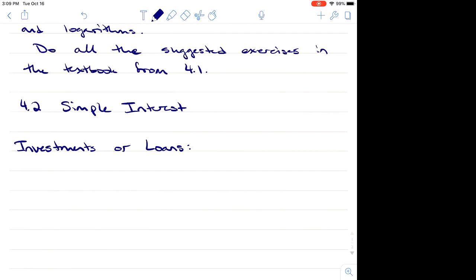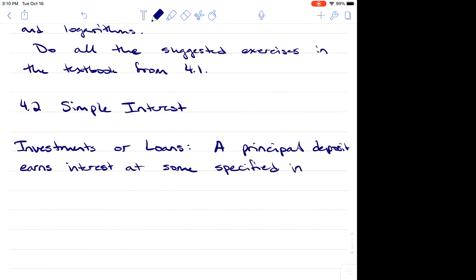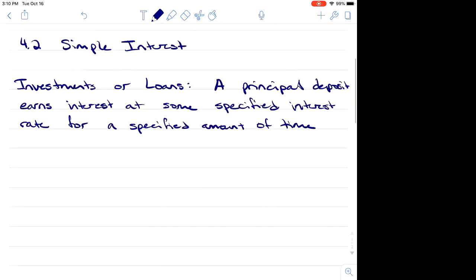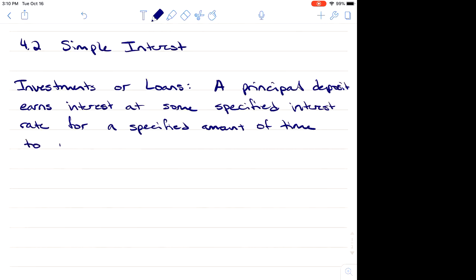Investments or loans. We have a principal deposit, okay, that earns interest at some specified interest rate for a specified amount of time to yield some amount of interest.